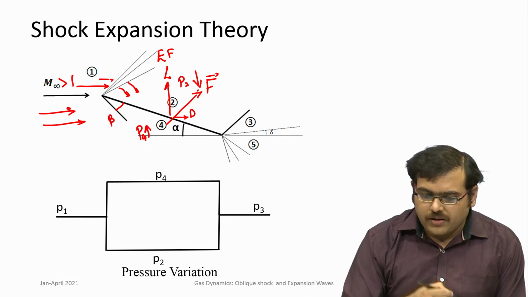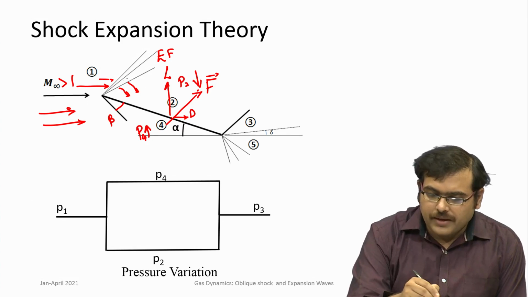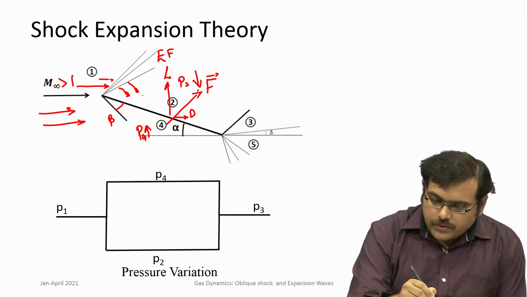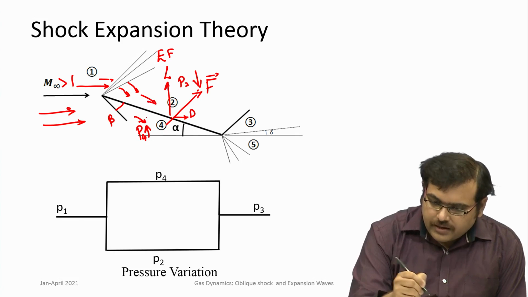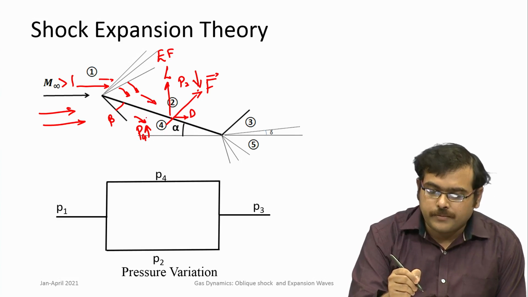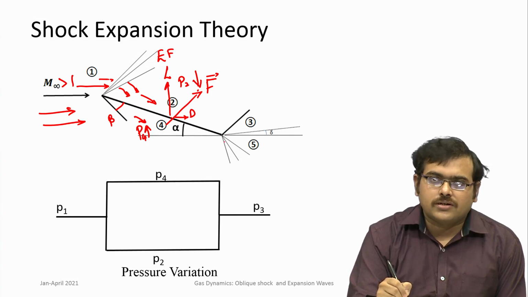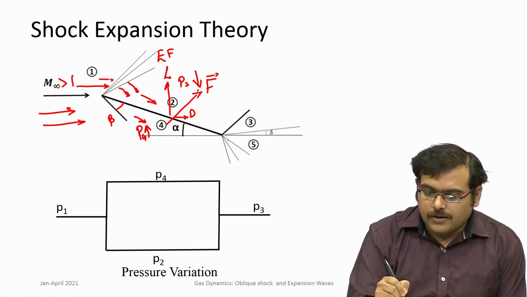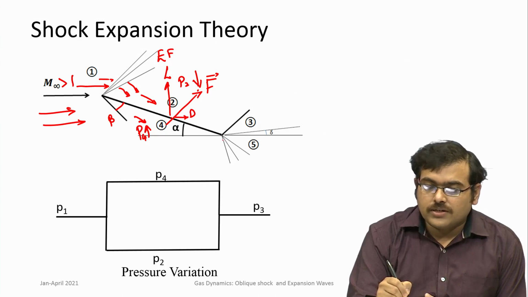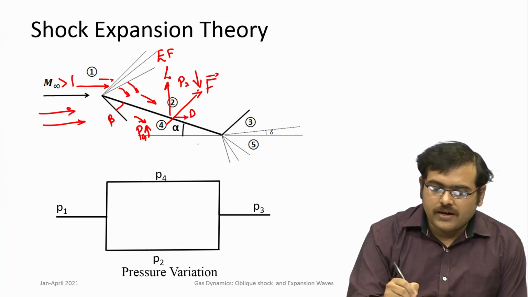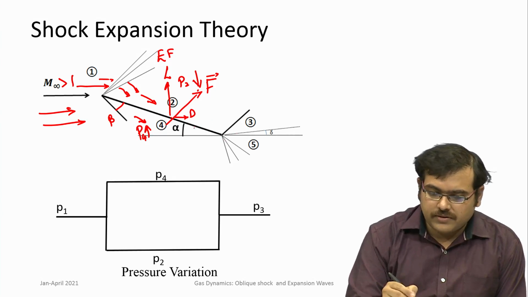So, this is the way the flow behaves at the flat plate. Now, the flow is going parallel to the flat plate after these expansion fans, but when it comes back at the trailing edge, the flows come back together. Now, they have different pressures, completely different pressures.